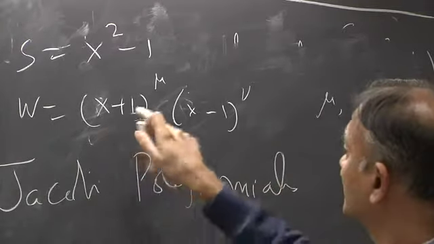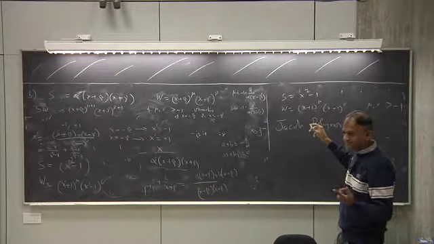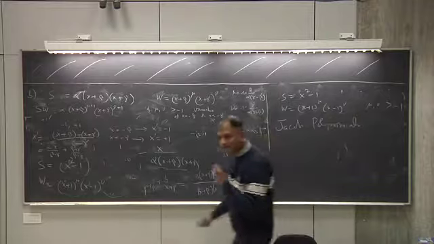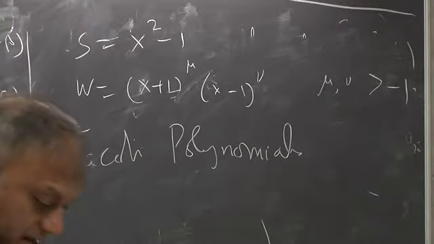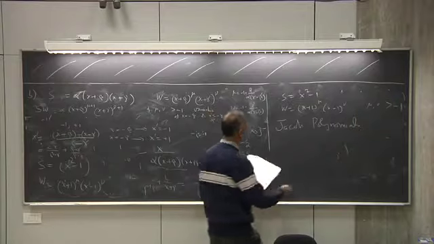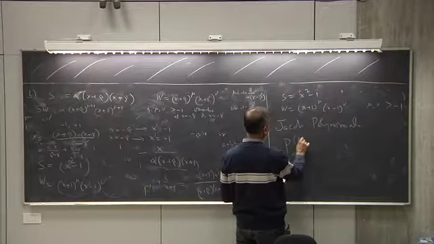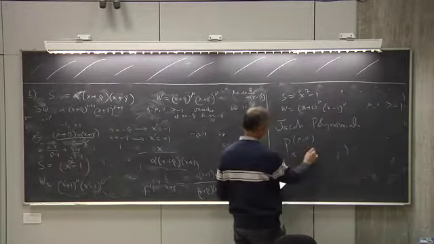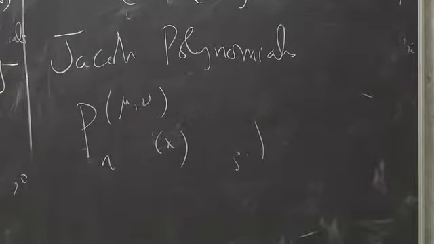And you see there are two parameters now, not just one. For Laguerre, there was only one parameter. Now there are two. These are denoted by P for some reason, P n with mu nu of x. These are the Jacobi polynomials. So there is a two-parameter family of polynomials.